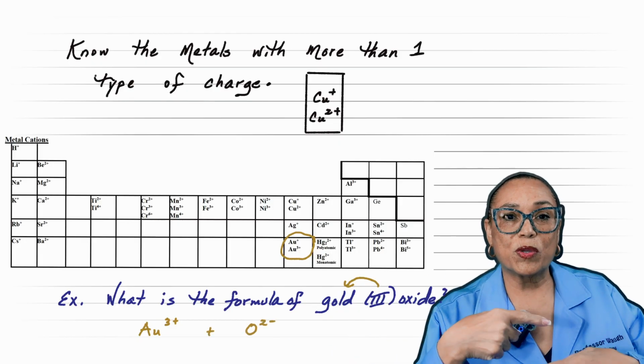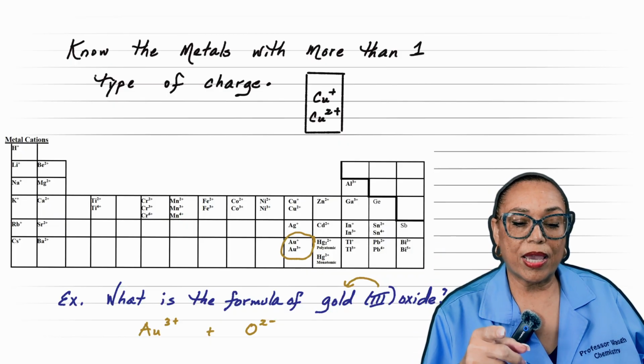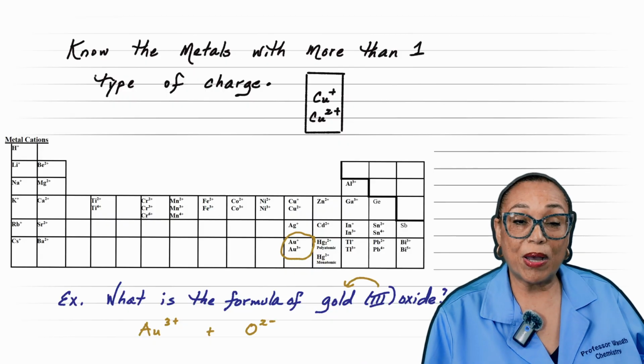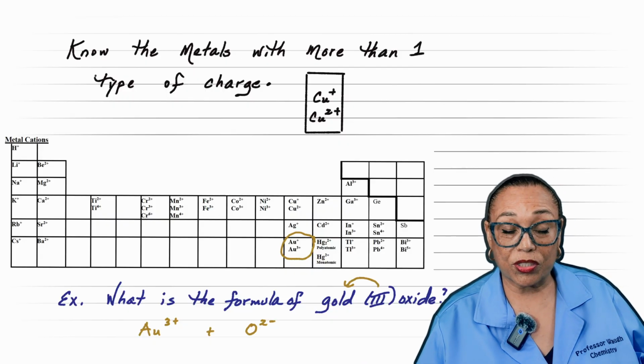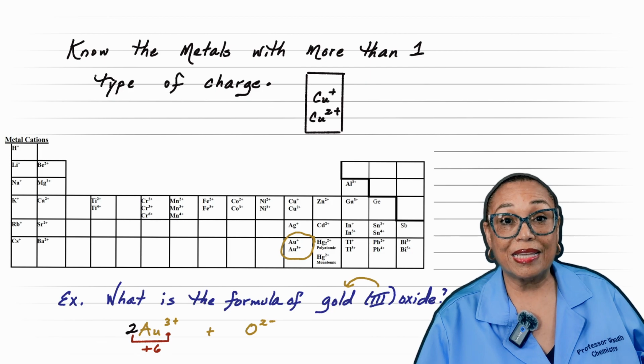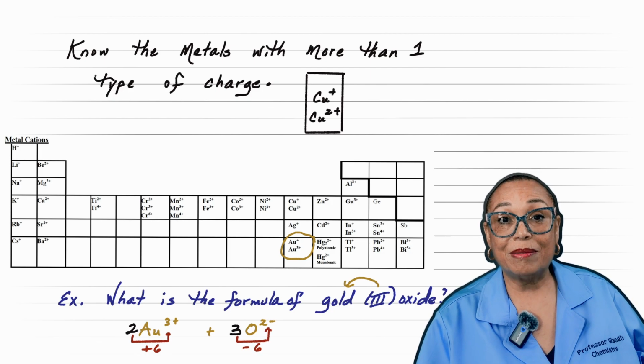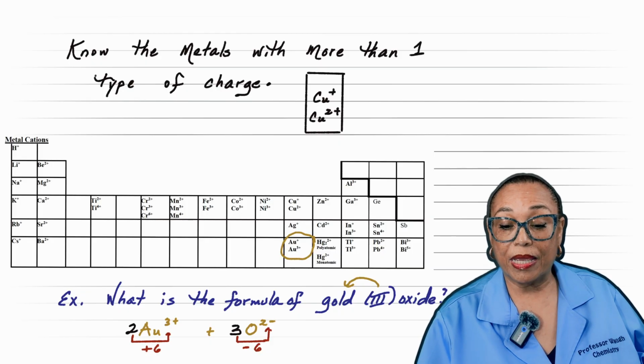Don't sit there doing switcheroo. Make it your business to then say, okay, how do I get the same number of positive charges as negative charges? So we put a coefficient, a big number of 2, in front of the gold 3. Then in front of the oxide, we put a 3, because 3 times the negative 2 will be a negative 6.